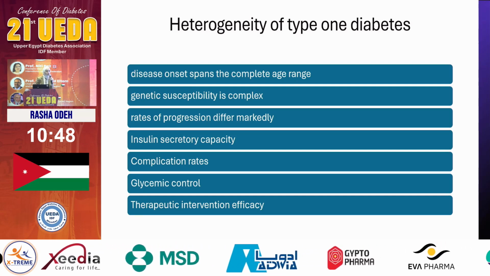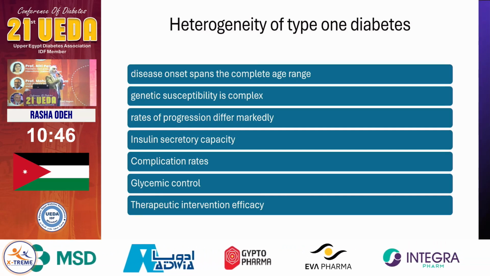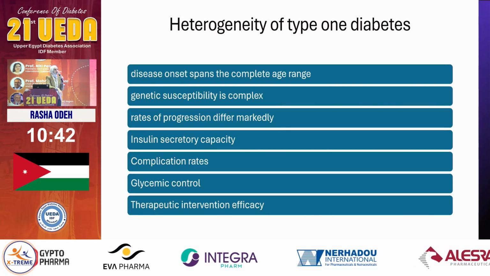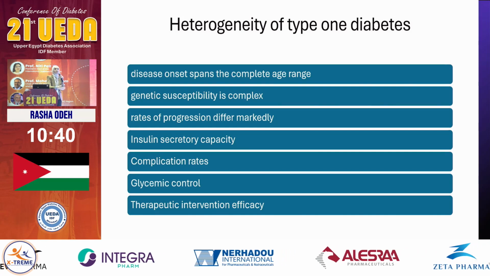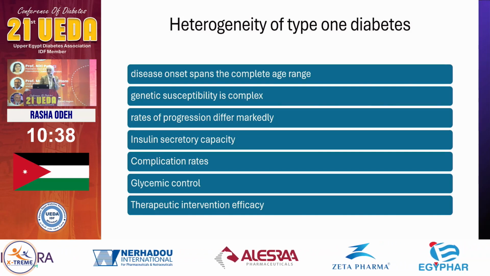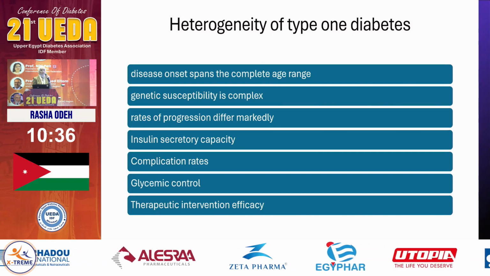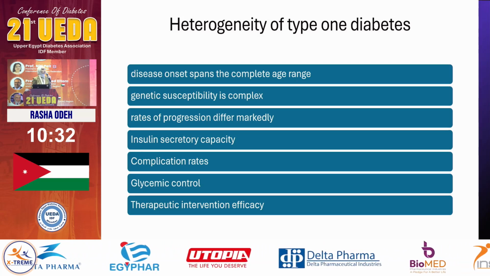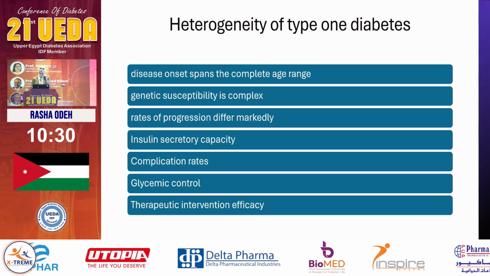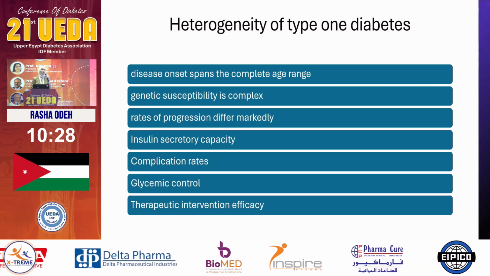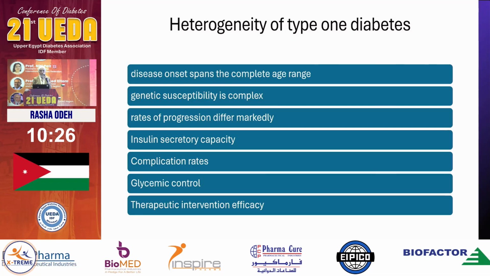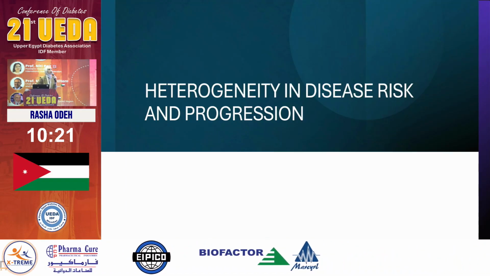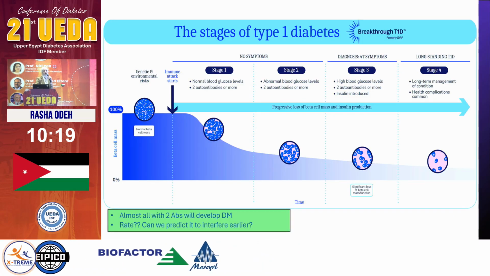The rate of progression: some type 1s progress very dramatically fast, while others have insulin secretory capacity for a long time. The complication rate, the glycemic control, and the therapeutic intervention are all heterogeneous in patients with type 1. We don't see the same in all patients with type 1. So I'm going to talk about this heterogeneity in order to come up with the idea of the endotype.